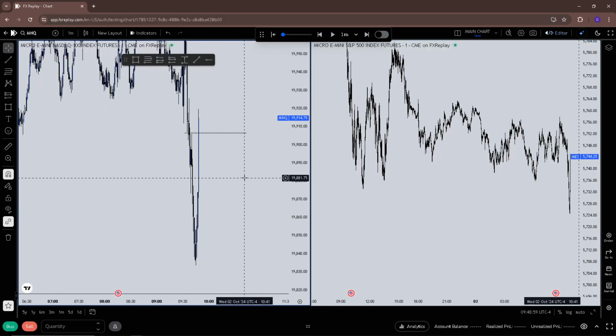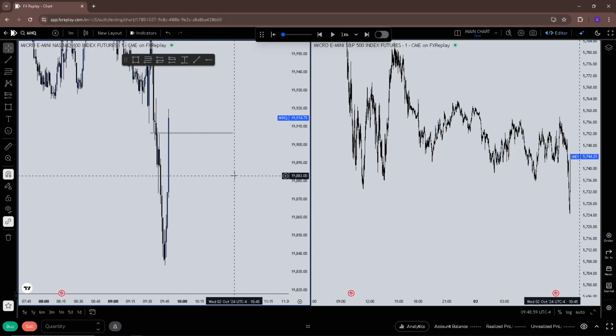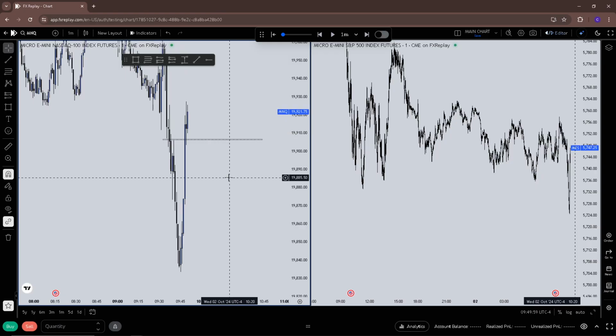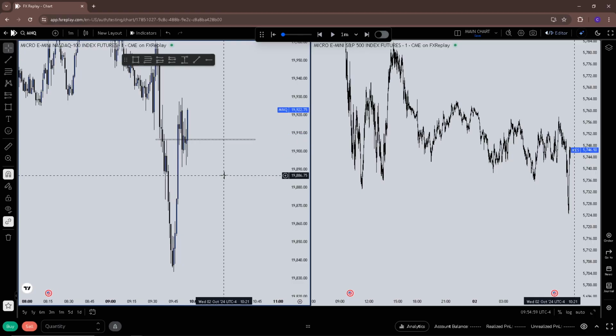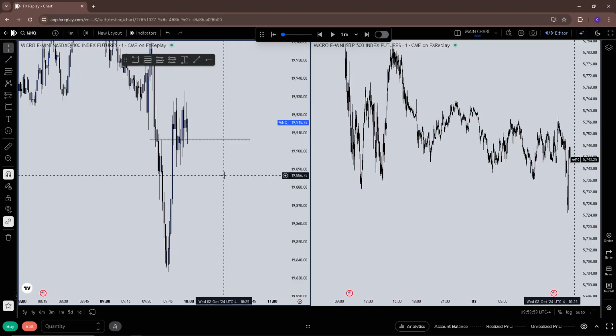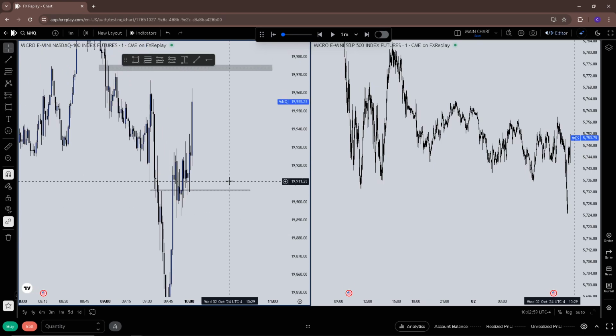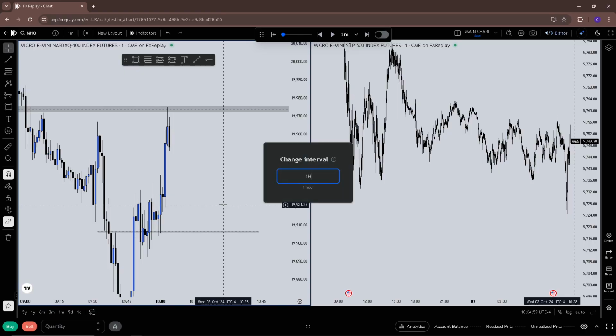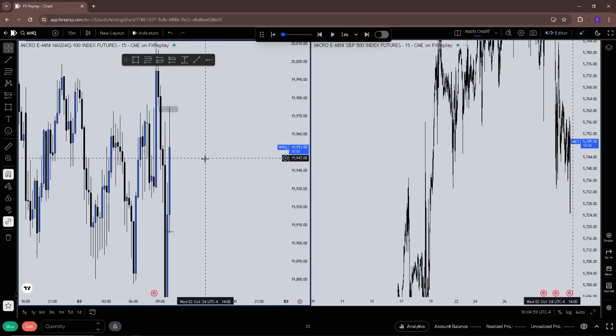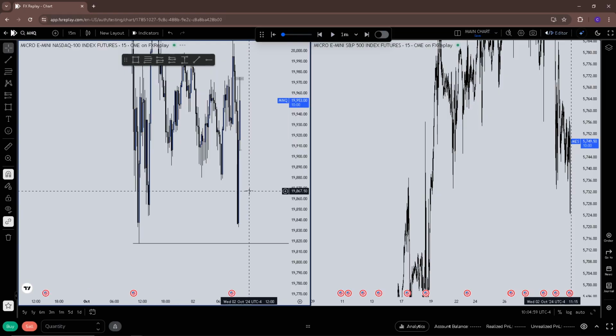SMT'd at that high. Deliver into this 15-minute up here.